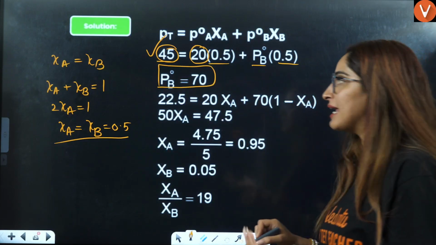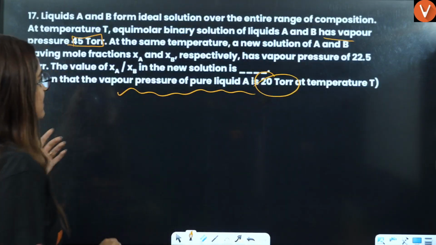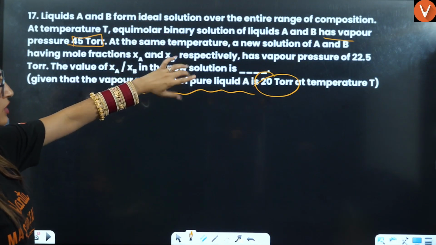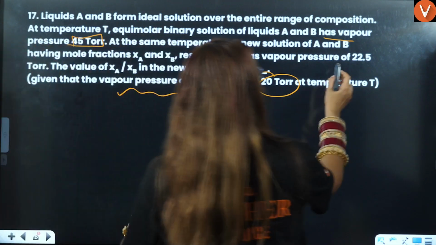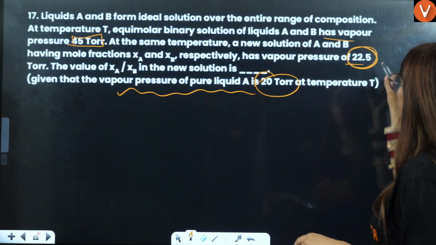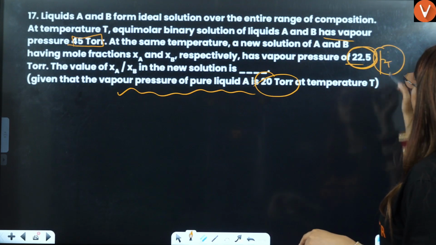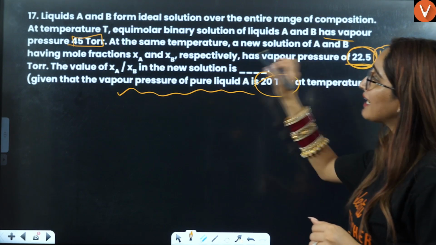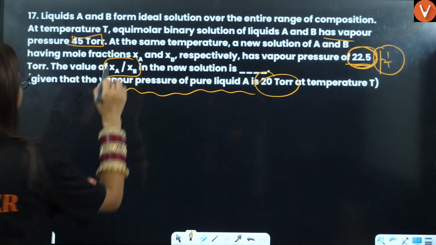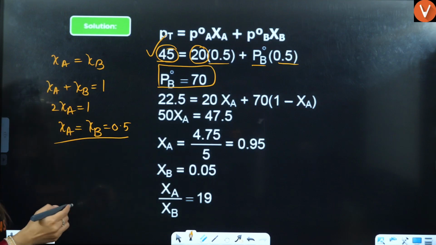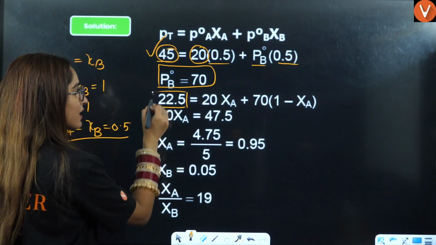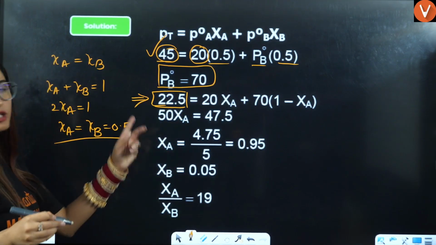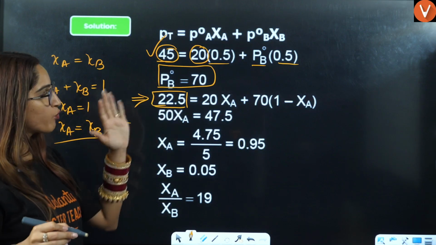Then they are saying at the same temperature, when the vapor pressure of that solution becomes 22.5, in that case what is the ratio of mole fraction of A and B? That means in a different case, the total pressure is 22.5.